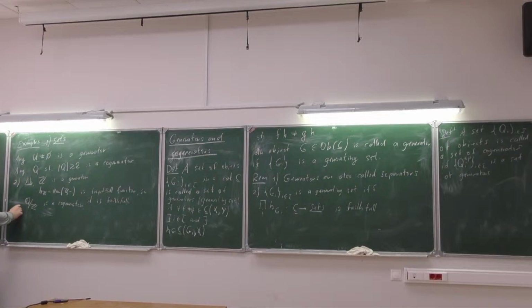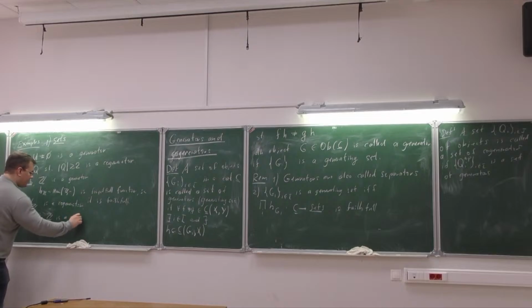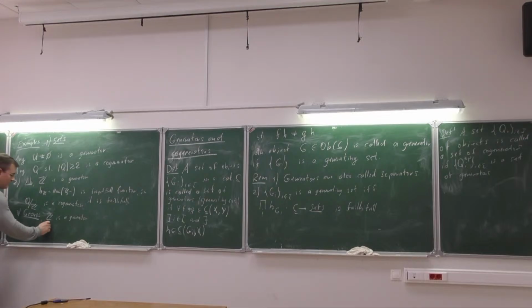Now in example 3, we look at all groups, and you can use more or less the same reasoning to show that the integers is a generator. But what is the cogenerator in this category?